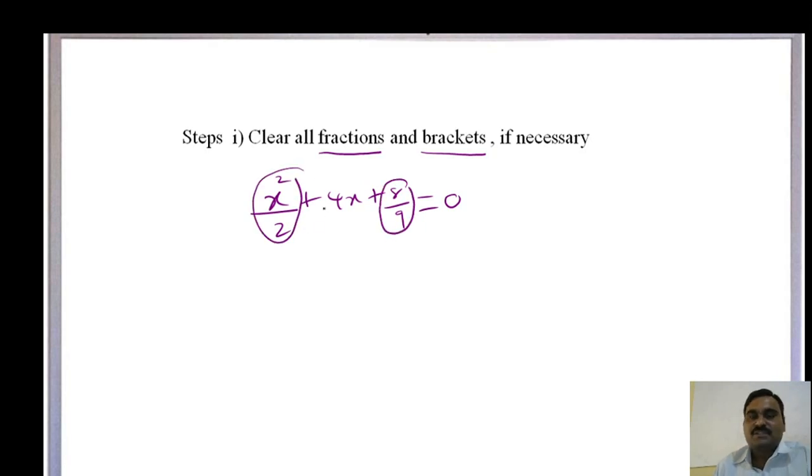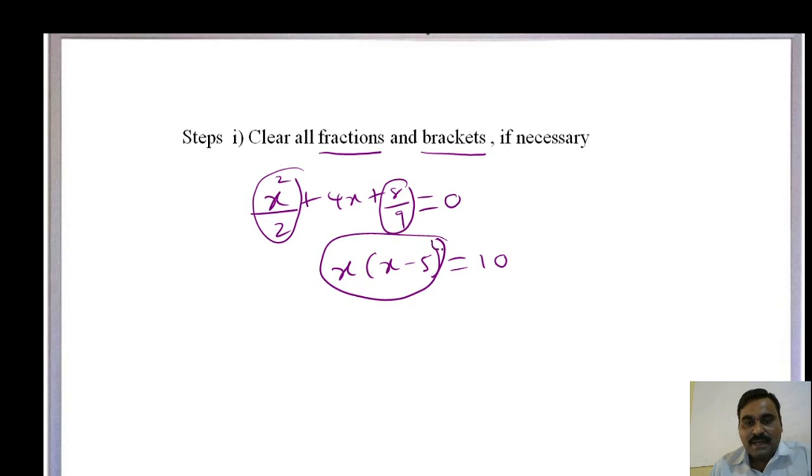First, these two fractions should be cleared. For example, we have x into x minus 5 is equal to 10. Here one particular bracket is involved. So in order to solve this, first we have to remove the bracket or the fractions if any quadratic equation has these things.